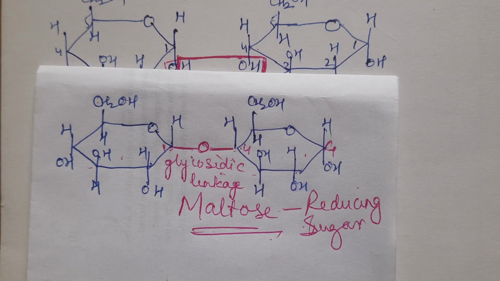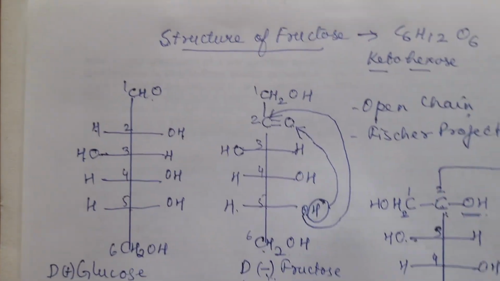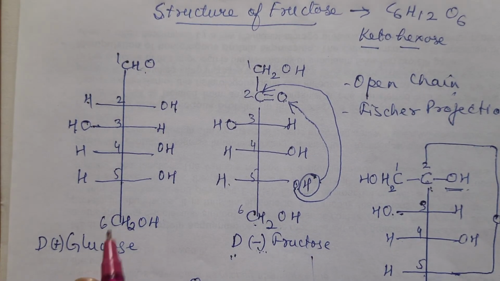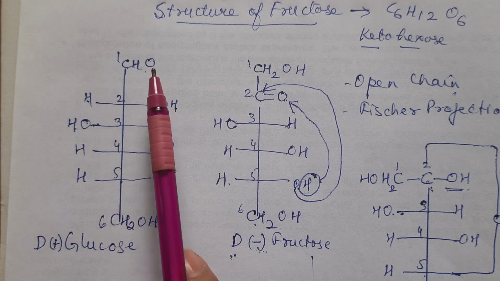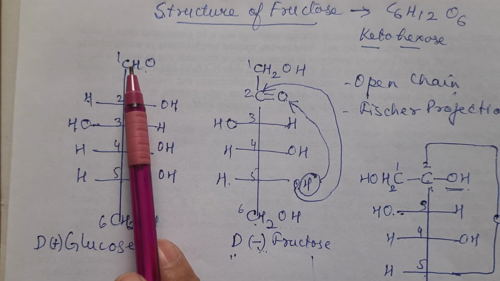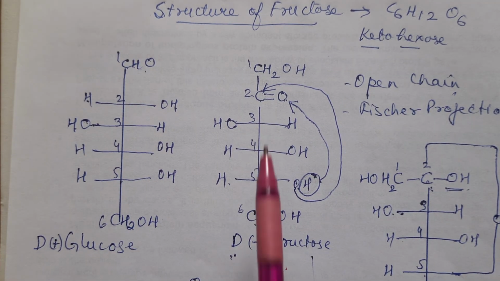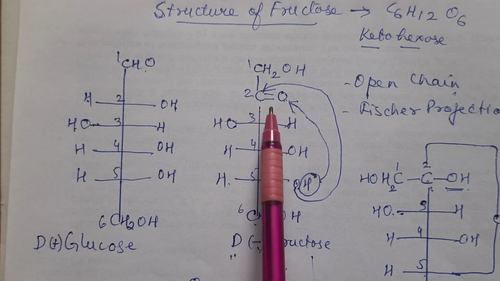Let me show you glucose and fructose structure so that you remember that. Just see, in glucose we said the first carbon atom is CHO. That is, the first carbon atom is active. And in fructose, the second carbon atom was CO, ketone.